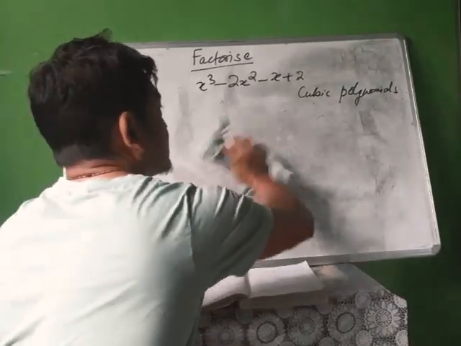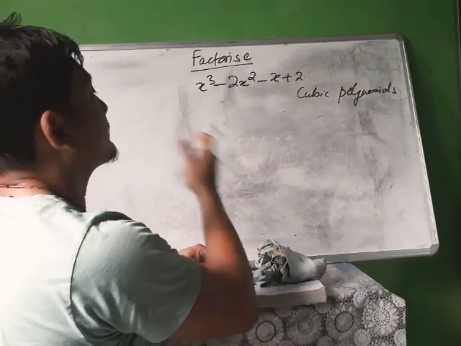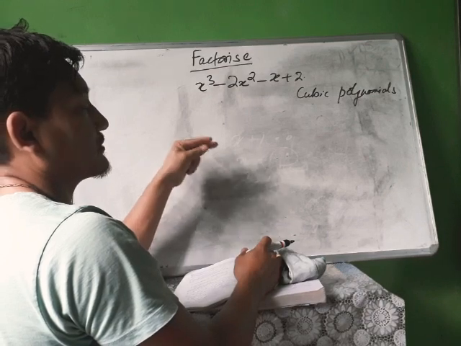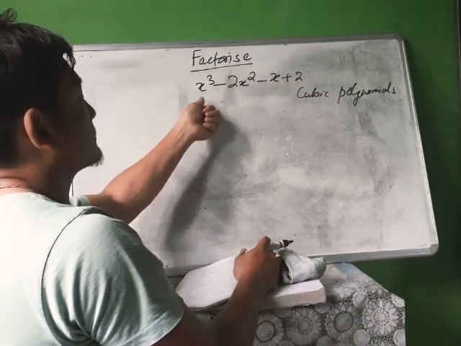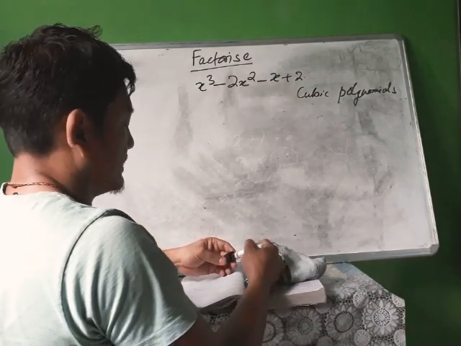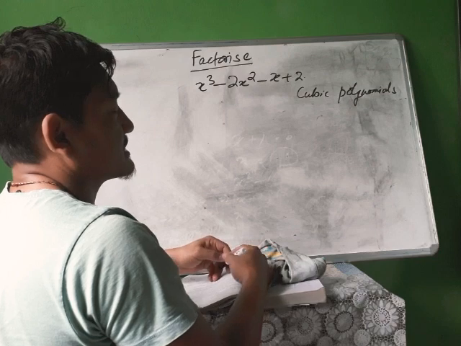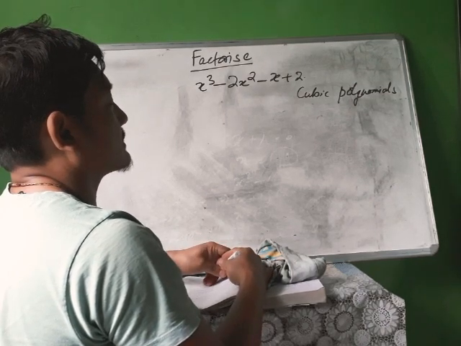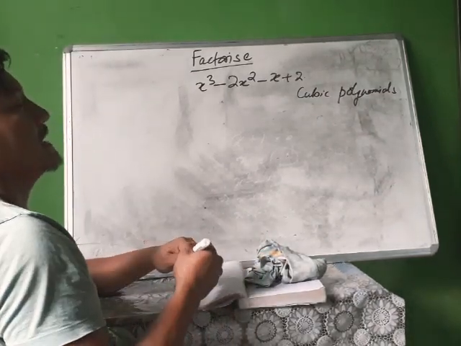How will you get the factors? There are some methods you use for a quadratic, but here there is no specific method to find the factors of the given polynomial. For that you need to go with the trial method.